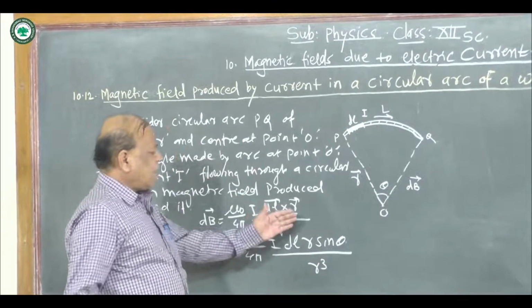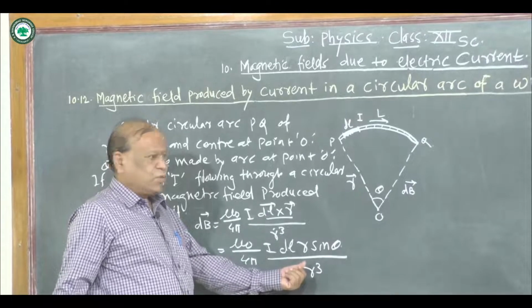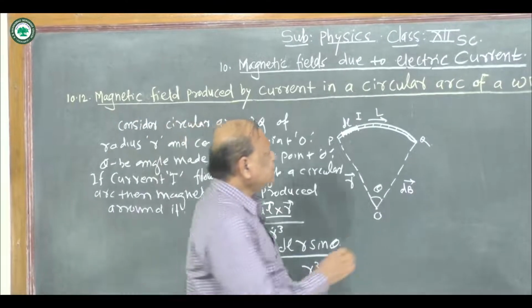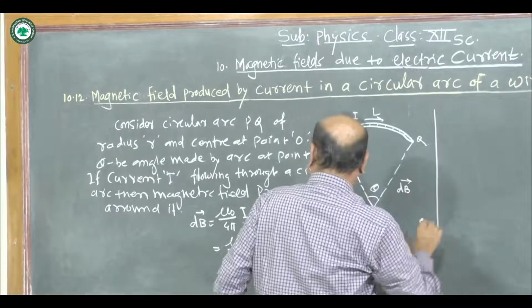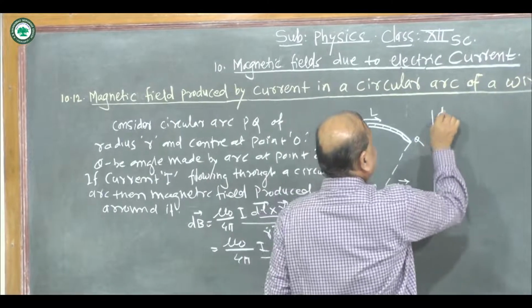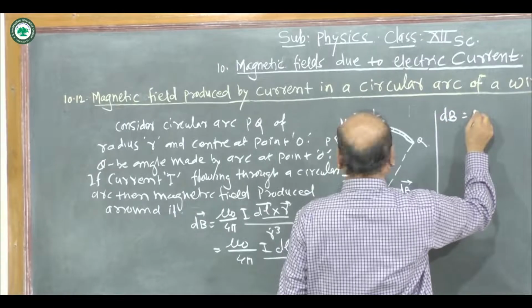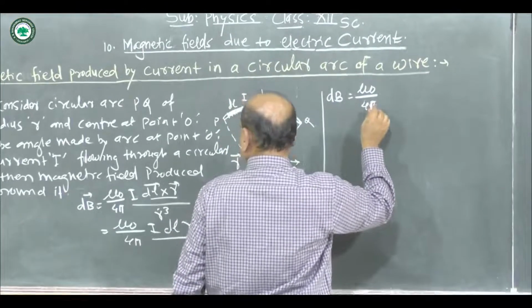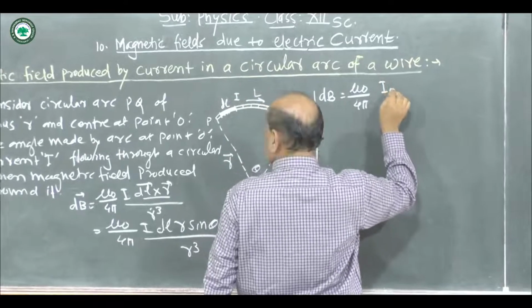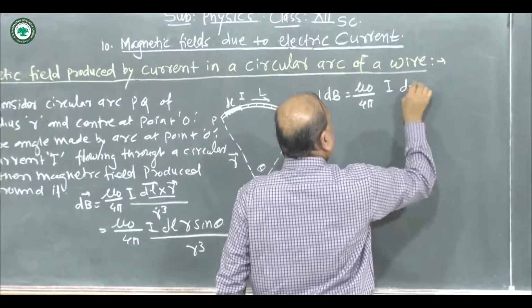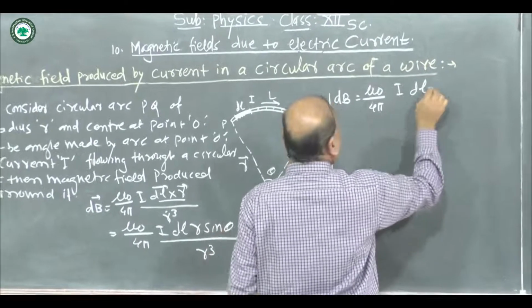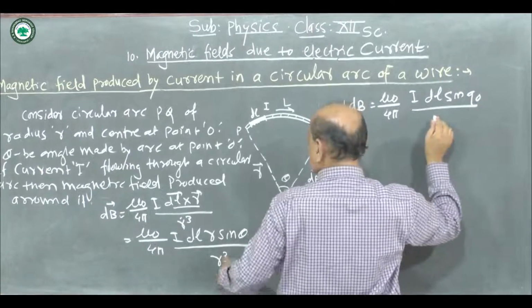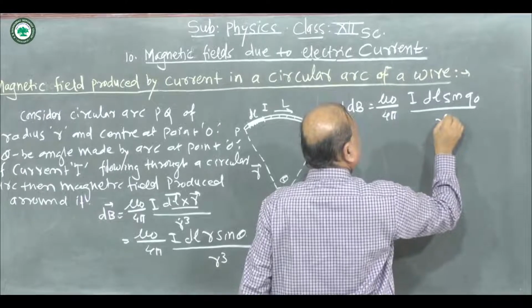One r cancels with r from the denominator, then dB equals mu 0 upon 4 pi, I dl sin 90 divided by r square.